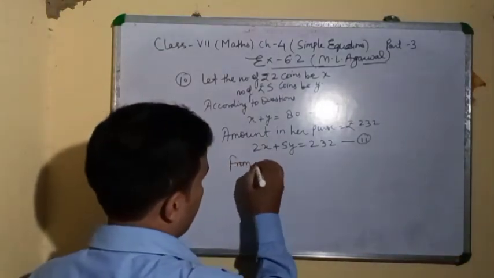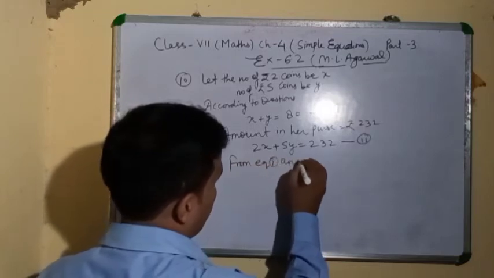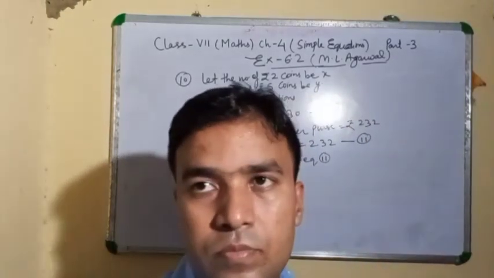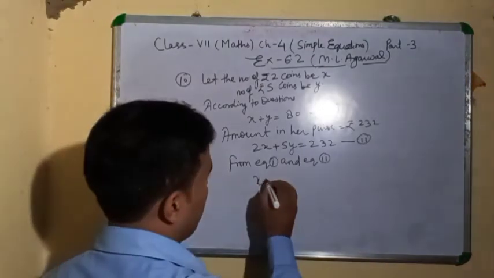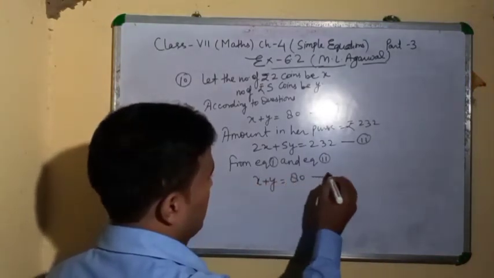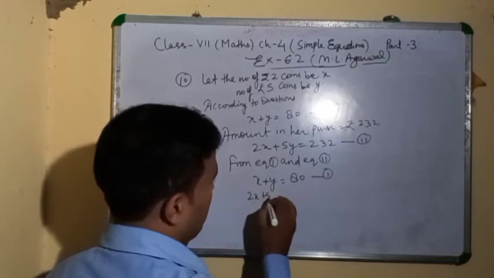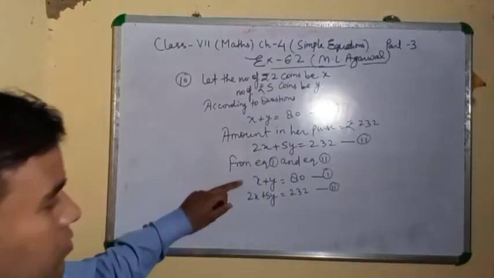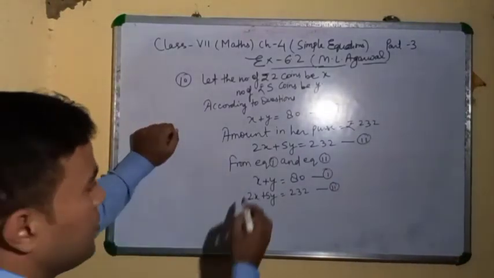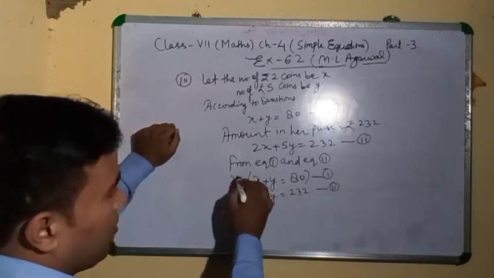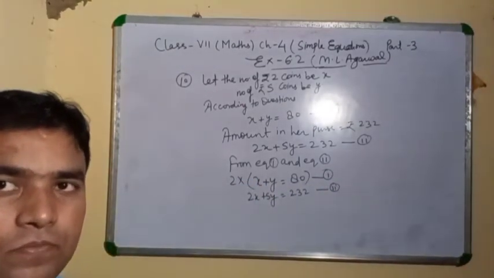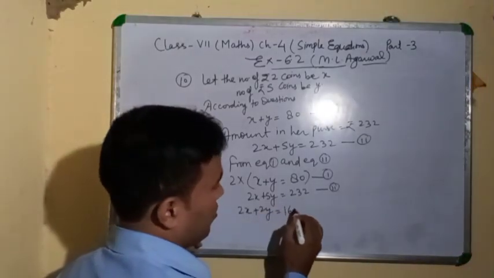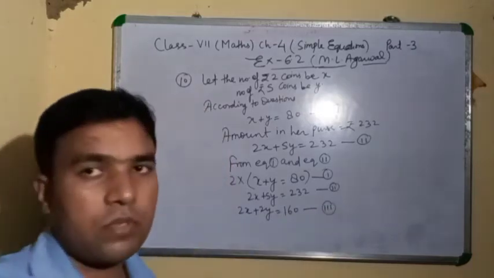From equation first and equation second, x plus y equal to 80, 2x plus 5y equal to 32. Both equations, in equation first you will multiply by 2. Clear? 2x plus 2y equal to 160. It is equation number 3.